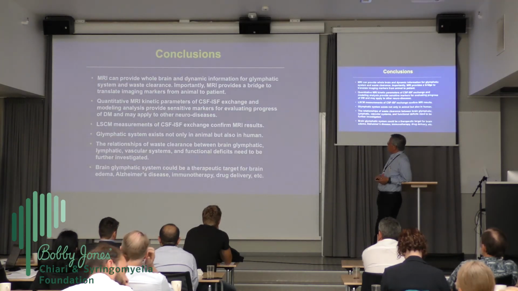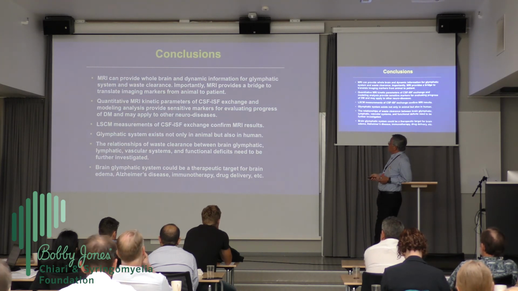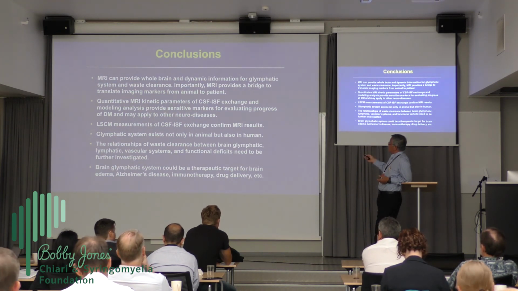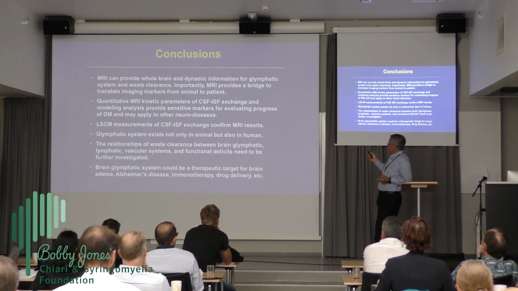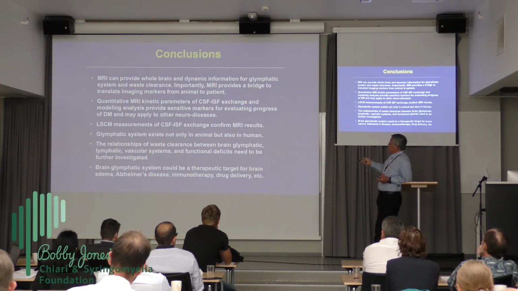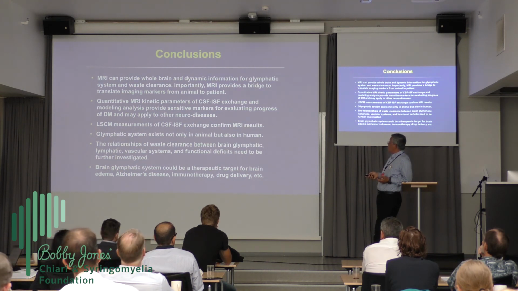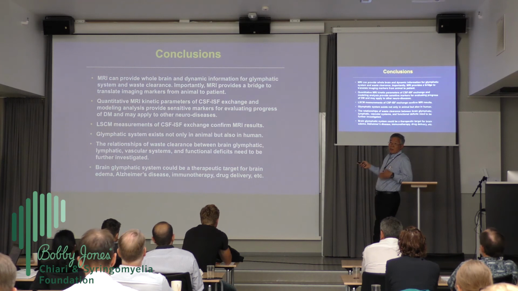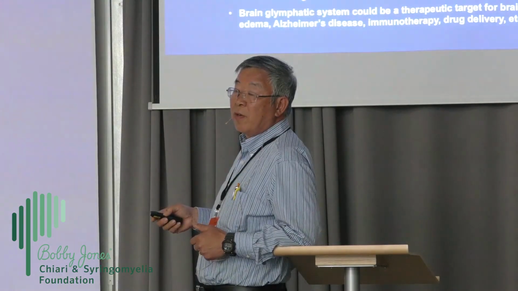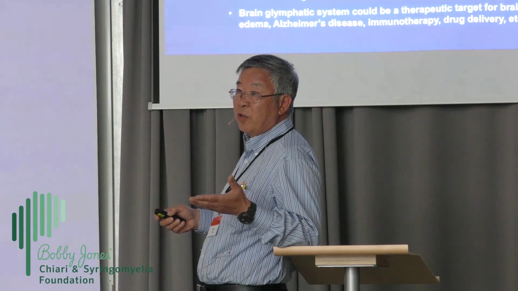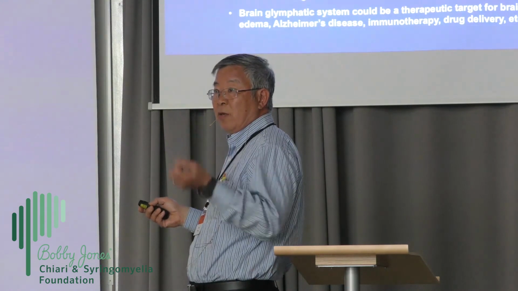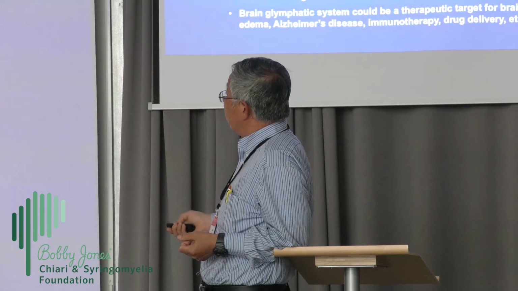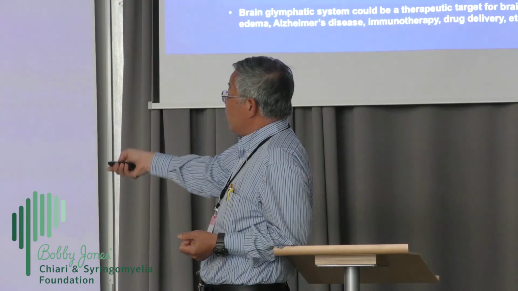So this conclusion provides whole-brain dynamic information for the glymphatic system, and also provides a sensitive marker for neural disease. The confocal can validate this, and NMR is really a bridge for potential human study. All the analysis developed in animals can be used for humans.